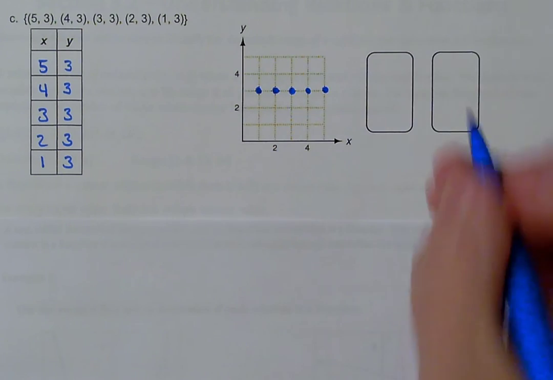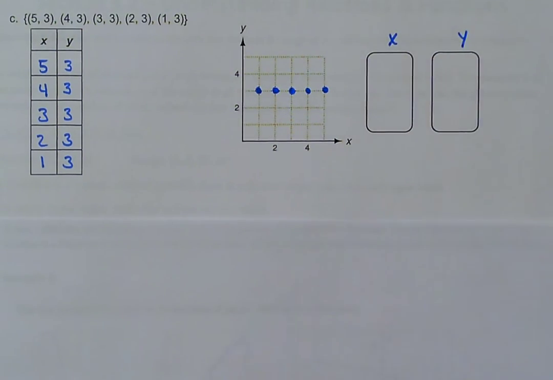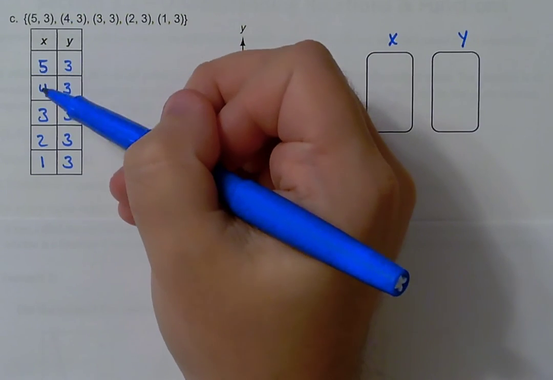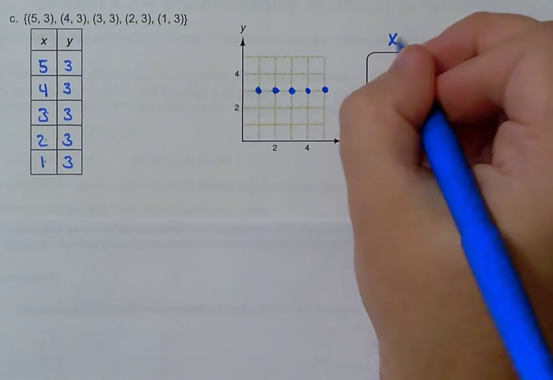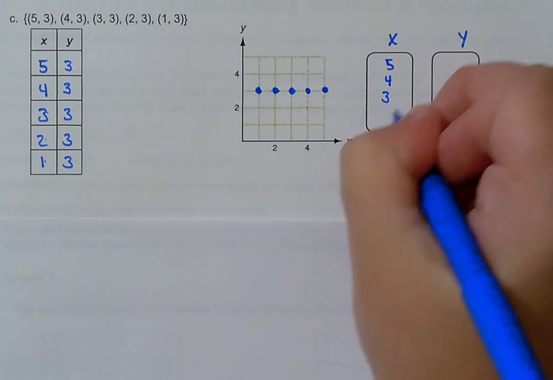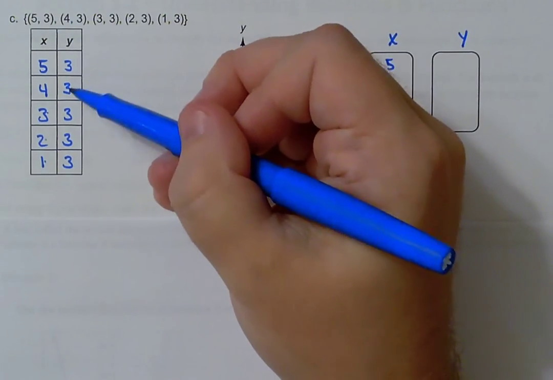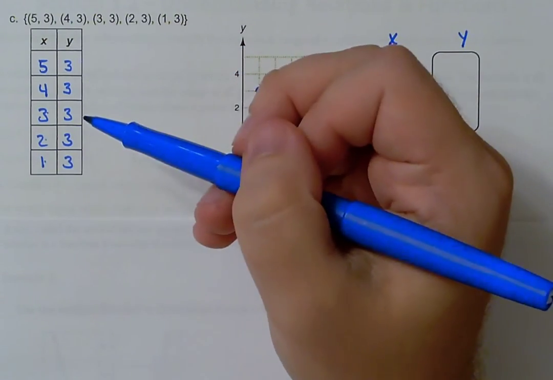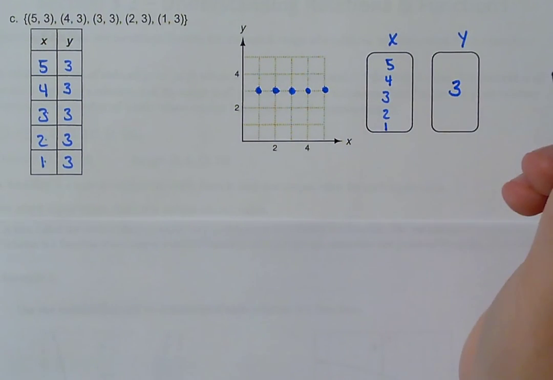And then if I want to do a mapping diagram, again, x and y. So my x values, I have 5, 4, 3, 2, 1. None of those repeated. And then my y values are 3, 3, 3, 3, 3. So it's all threes. I'm not going to repeat them, so we're just going to write 3.